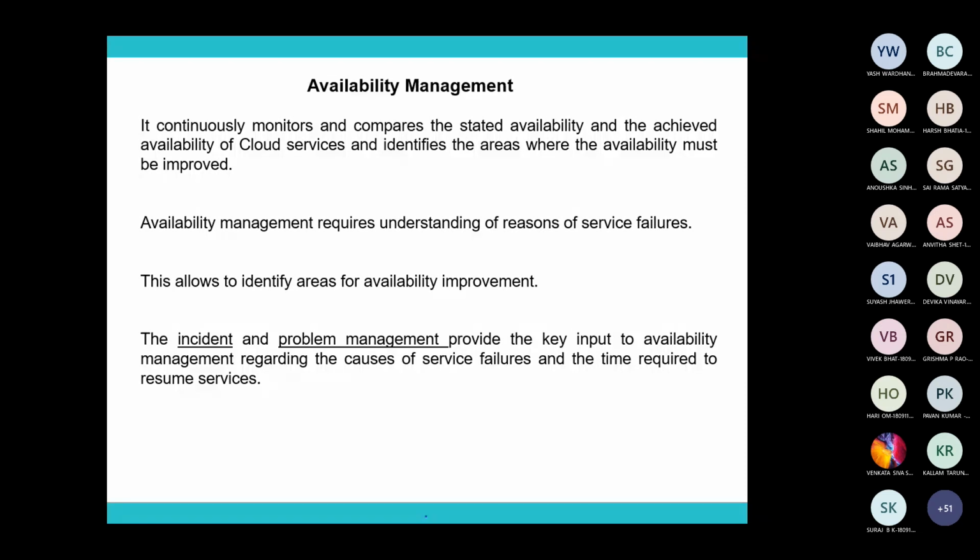Maybe if one service fails and you have to fail over to some other servers, before moving that particular service to other servers, you may get some information regarding those servers through this incident and problem management. Based on that, you can decide whether the service has to be moved to that server or some other server.